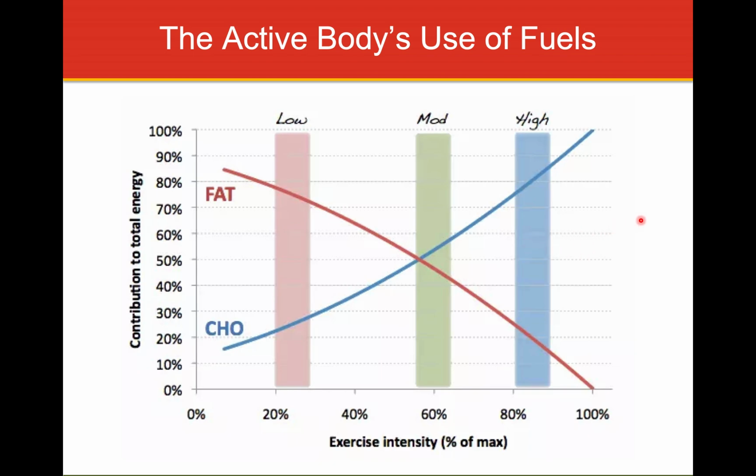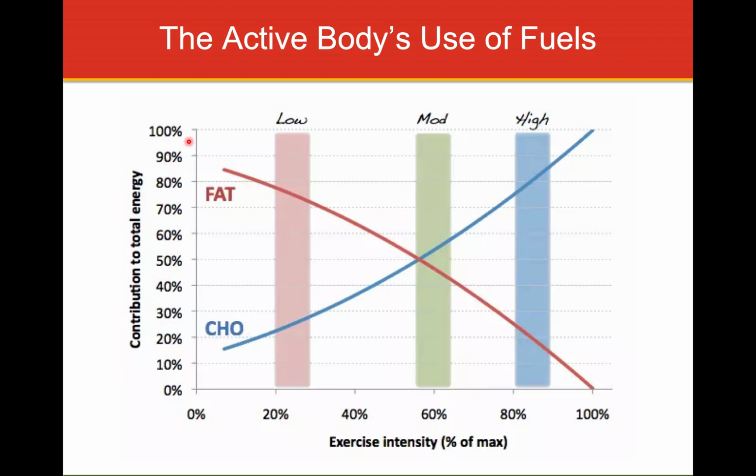Now, this is best explained by the chart that I've pulled into our lecture. So you can see when we're looking at exercise intensity at the bottom, starting at a very low intensity and moving into high intensity, that's on the x-axis. On the y-axis, we're looking at contribution of total energy.